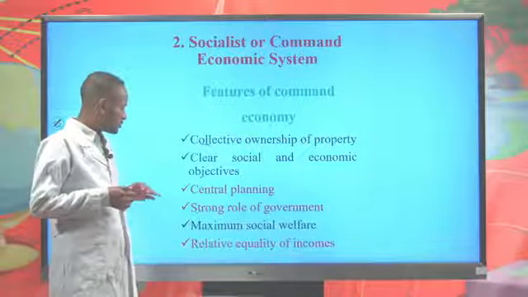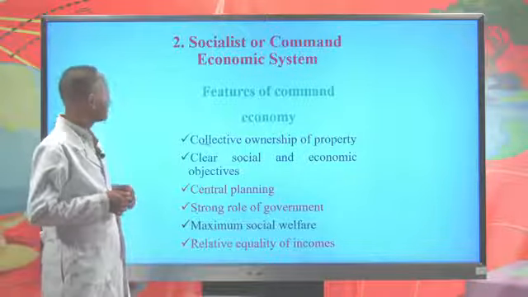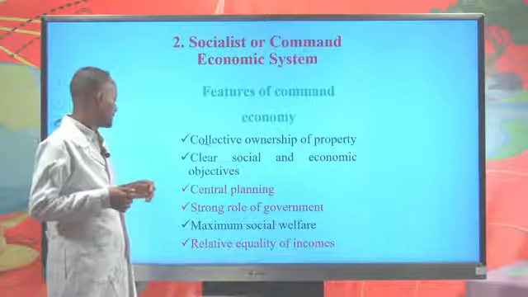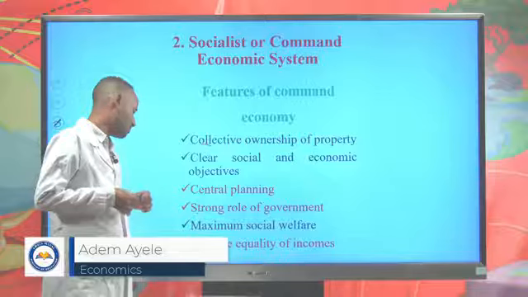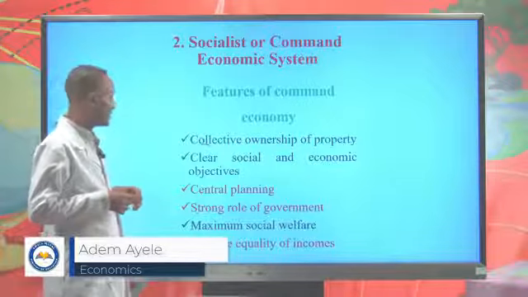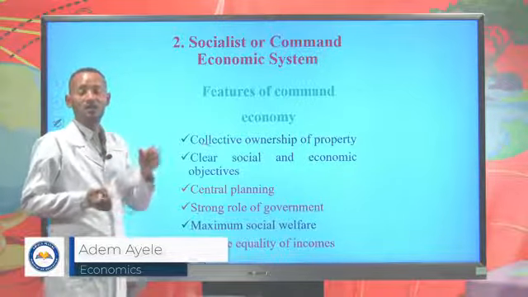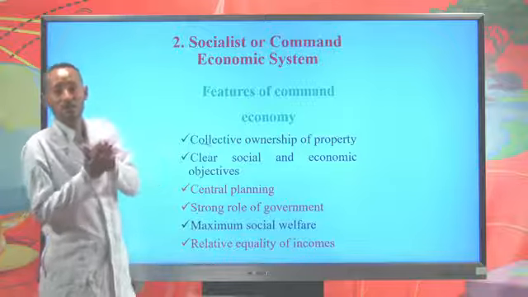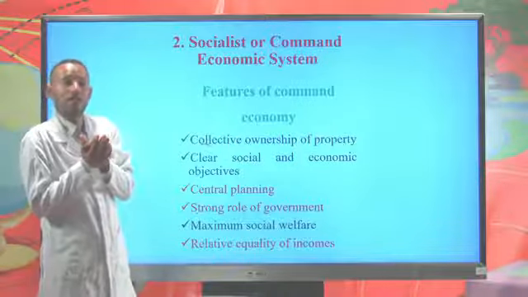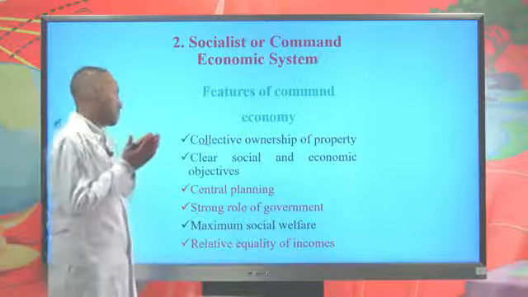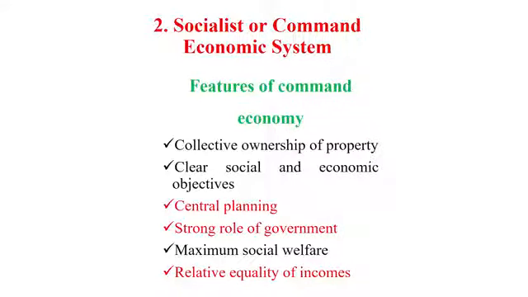There is maximum social welfare in the command economy system, but social welfare is minimal under the capitalist economy system. There is relative equality of income. That means the gap between the poor and the rich is smaller under the command economy, but the gap between the poor and the rich is higher in the capitalist or free market economy system.